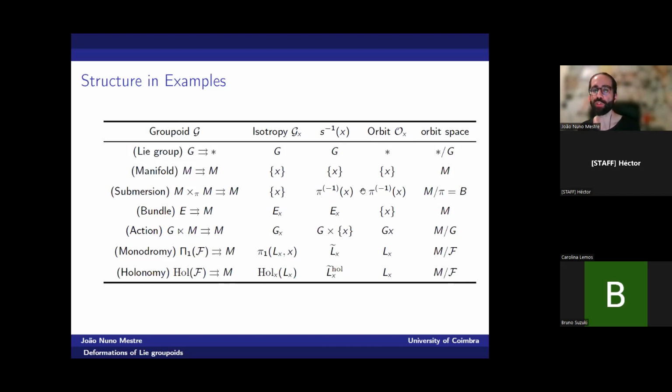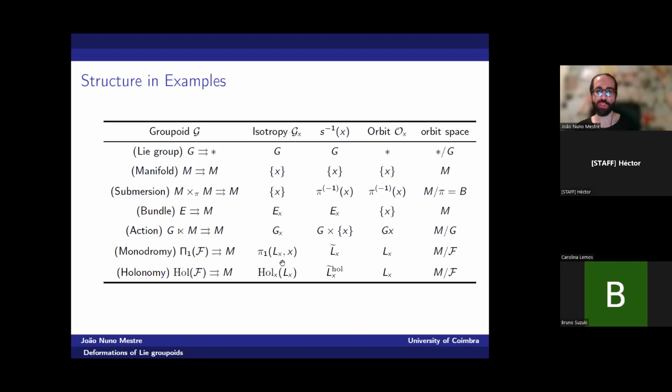The source fibers are the fibers of the submersion, and so are the orbits, and then the orbit space is the base of the submersion. In the action case, my isotropy groups are the isotropy groups for the action, or stabilizers. The source fibers are all isomorphic to the Lie group itself. The orbits are the orbits of the action, and the orbit space is the orbit space of the action. So this is where the nomenclature comes from.